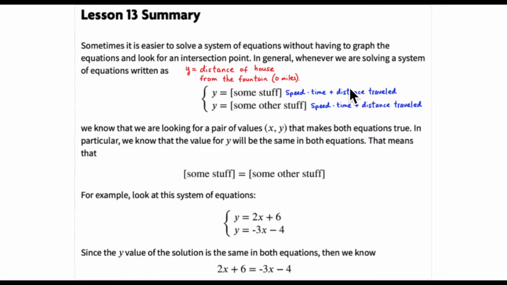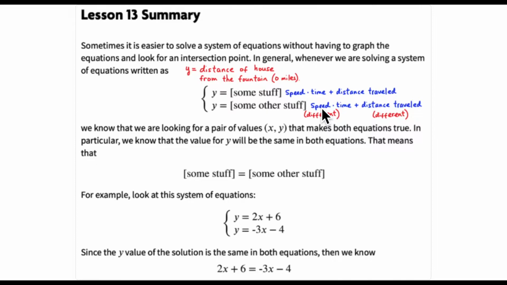But also, as the sisters ride their bikes, the speed at which they ride is different, but the time for which they ride is the same. So y is the same, the distance of the house from the fountain, or the location of the house, and x is going to be the same. That's going to be the time that they ride their bikes. And the distance traveled is going to be different.